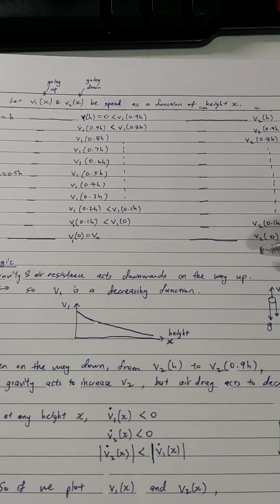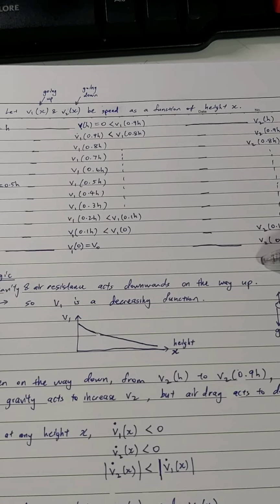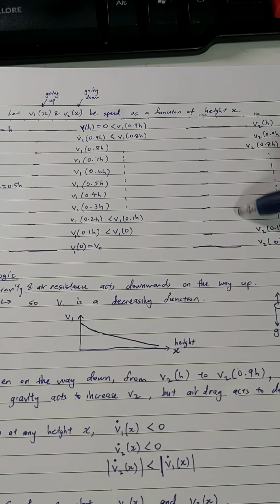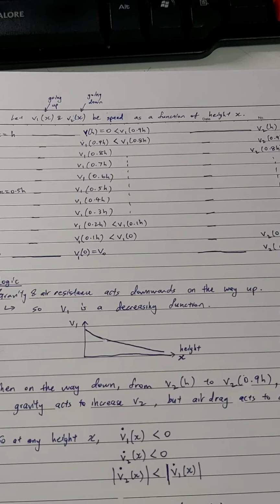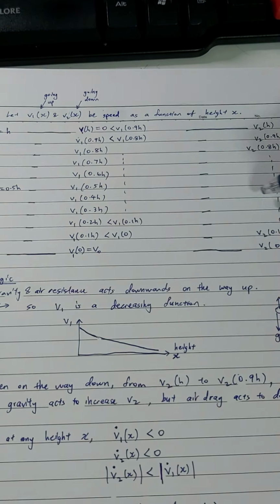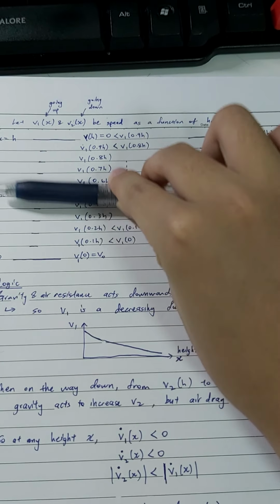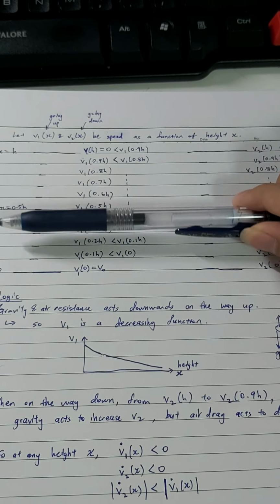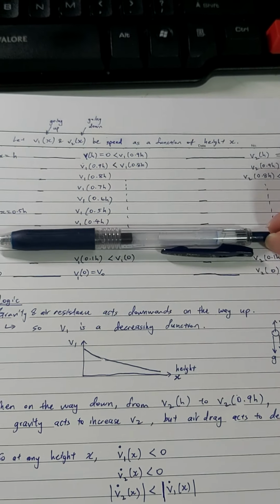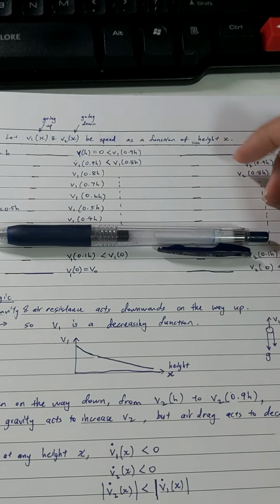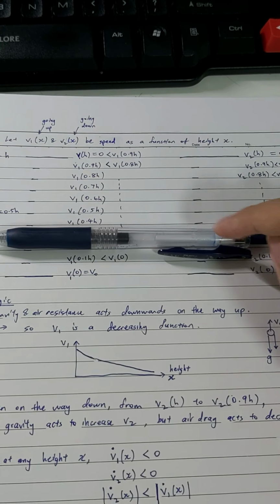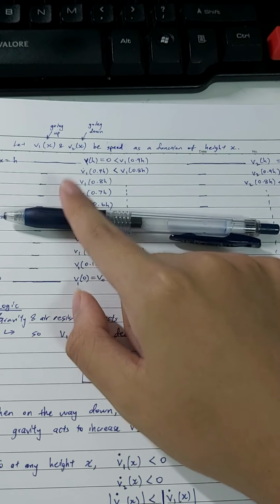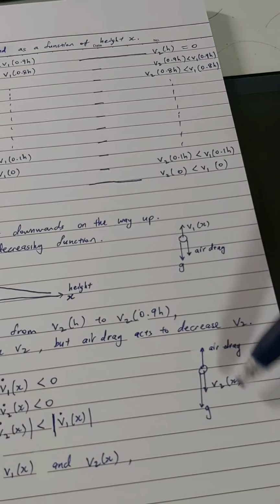That means if we take two videos, one of the ball going up and one of the ball going down, and measure the speed of the ball at each height level, we are going to get that the speed on the way down, at any particular height, is going to be less than the speed of the ball going up, by this reasoning.